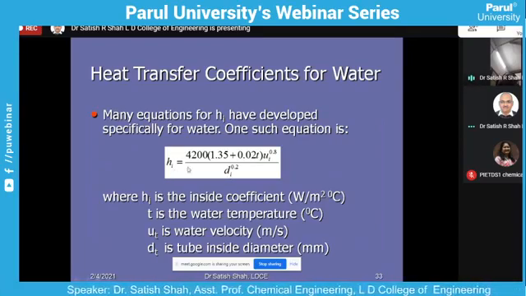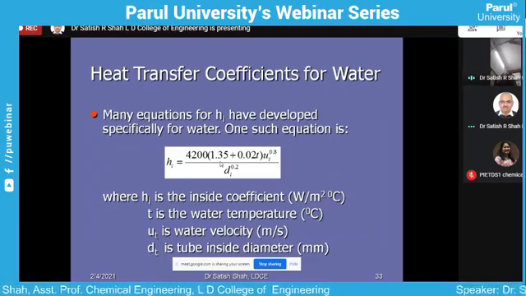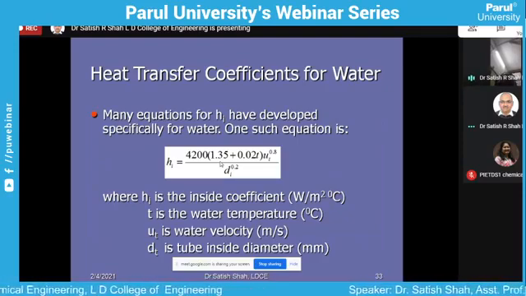What is this formula? HI equals 4200 into (1.35 plus 0.02 T) into UT raised to 0.8 upon DI raised to 0.2. So HI, that is the inside heat transfer coefficient, in watt per meter square Celsius. T, that is the average water temperature in degrees Celsius.